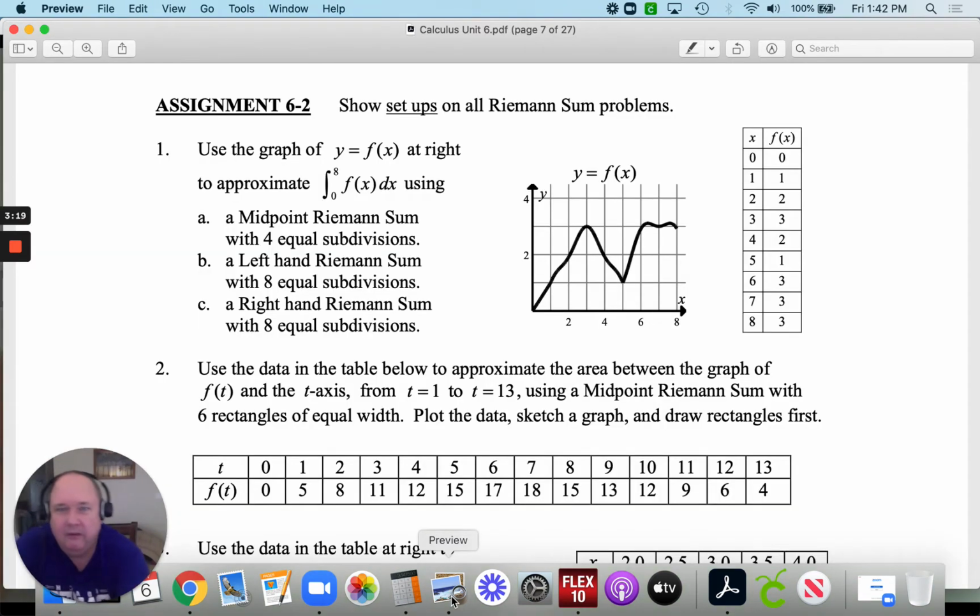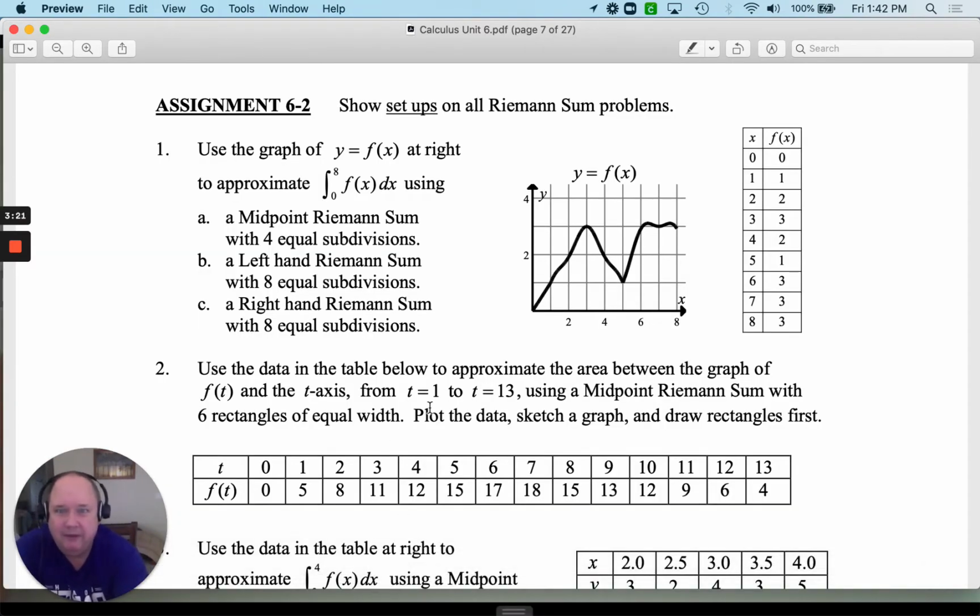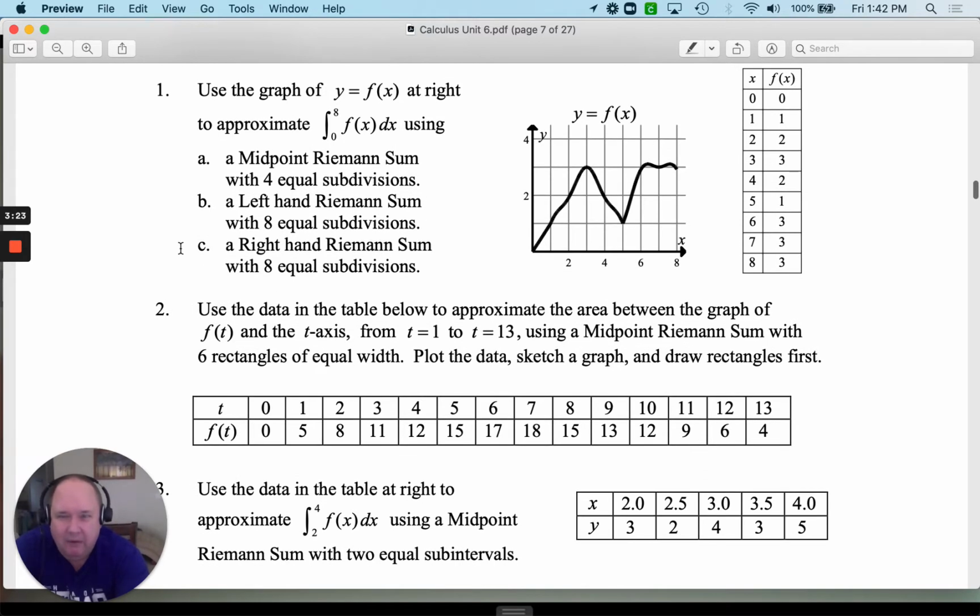Part C, a right-hand sum this time. Again, 8 equal subdivisions. We just did that. The width is 1, and now we're using the right values. For the right values, we're going to start with 1 and go up to 3 using the right side of the rectangle.